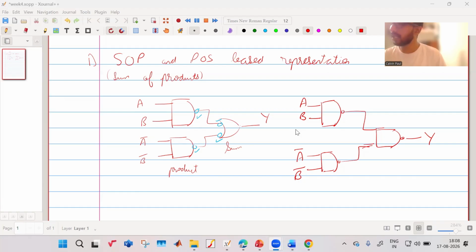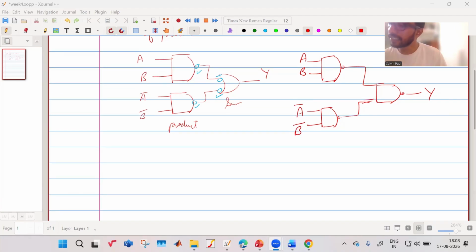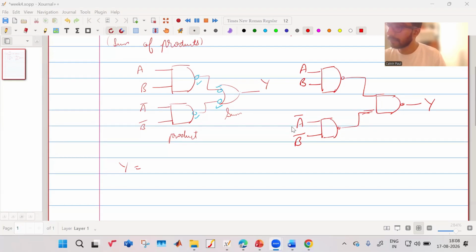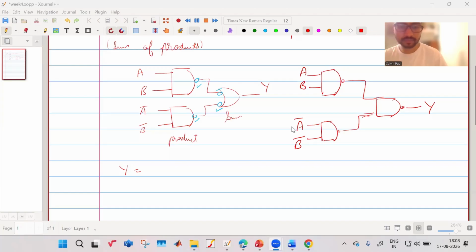Now this circuit is Y. What is the Boolean expression for the output Y? Can anyone tell? You can either type it or write it.